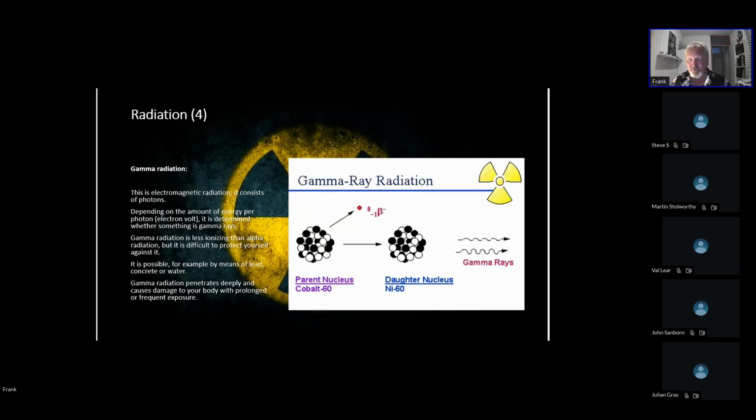It is possible, for example, by means of lead, concrete, or water. Gamma radiation penetrates deeply and causes damage to your body with prolonged or frequent exposure. So the longer you stay in gamma radiation, the worse it gets for you. It changes the cell structures in your body, and your organs get unhealthy doses, so they might stop working and things like that.